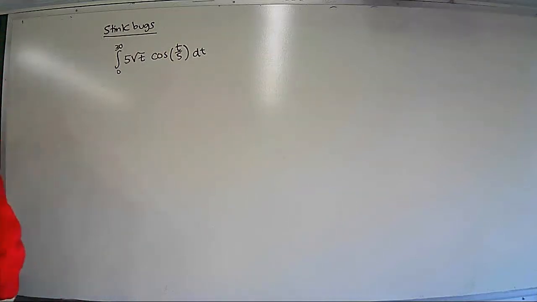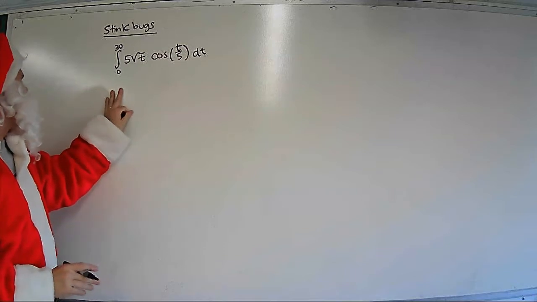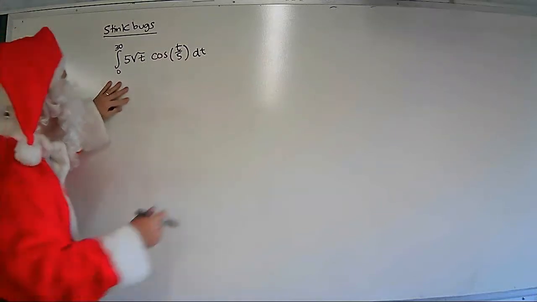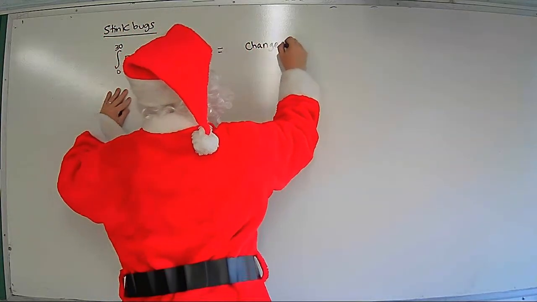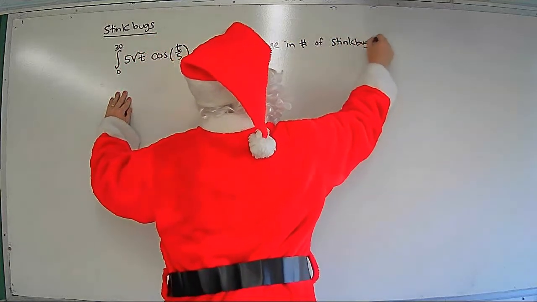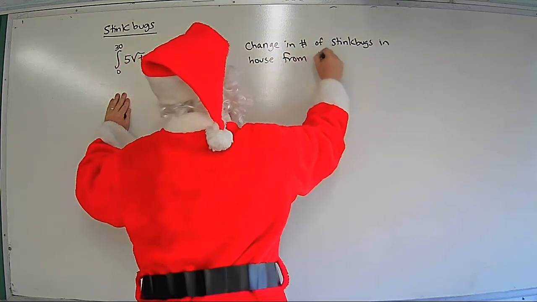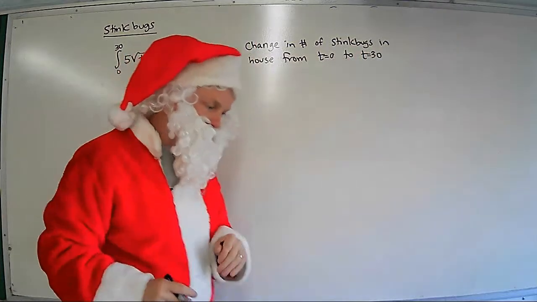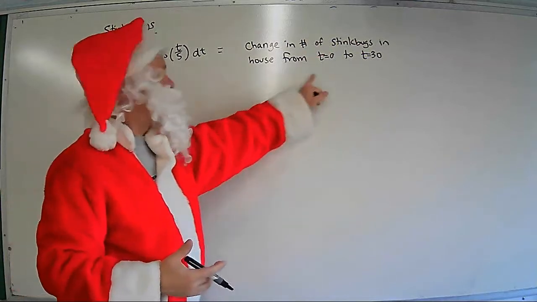If we did this integral here, now again, we don't necessarily know how to compute it, we can approximate it, but if we computed this integral, it's going to equal the change in the number of stink bugs in the house from t equals 0 to t equals 30. It's going to be how many stink bugs were added or subtracted during that time interval.